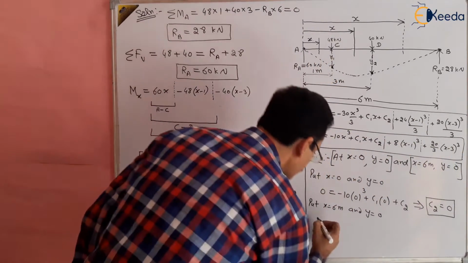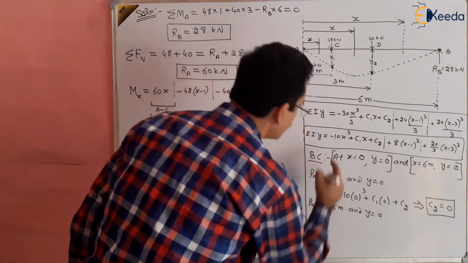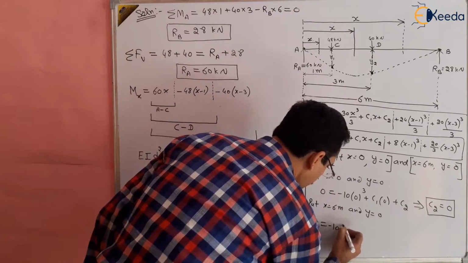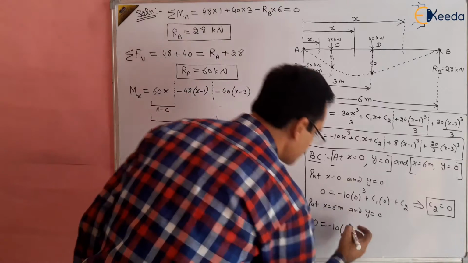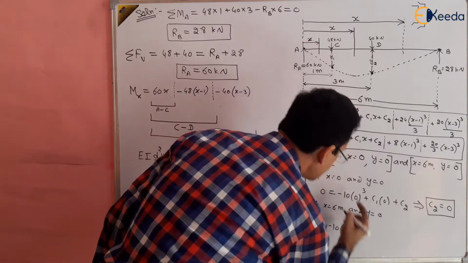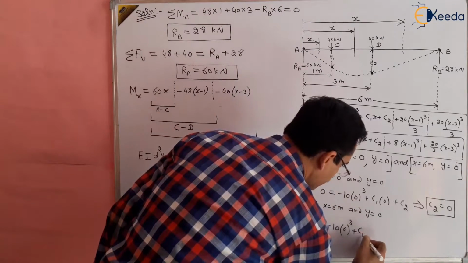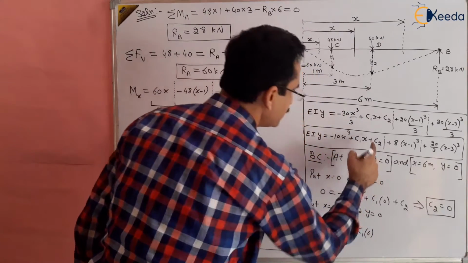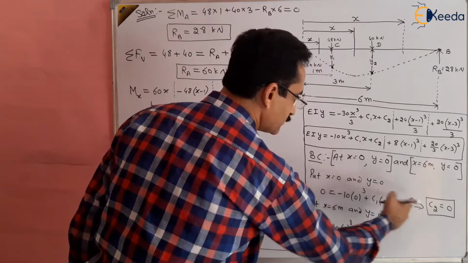So EI times 0, so this is 0, that will be equal to minus 10 x cube. X cube is 6 meters, means 6 cube, plus C1 x. C1 is unknown to us, which we have to find out. C2 is already 0, we have already obtained.